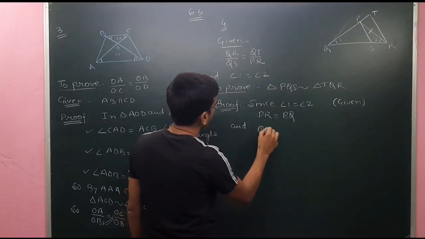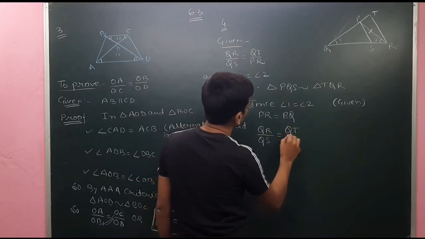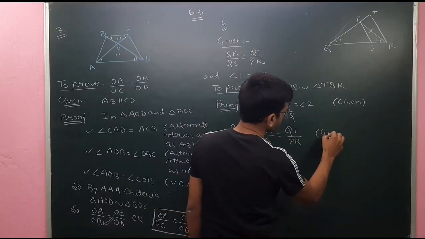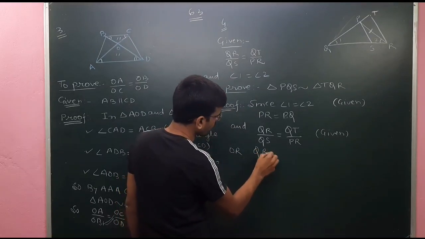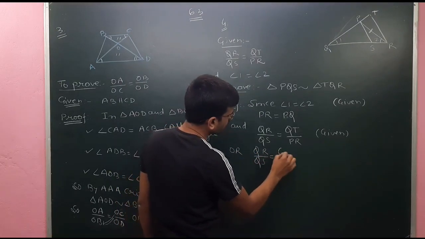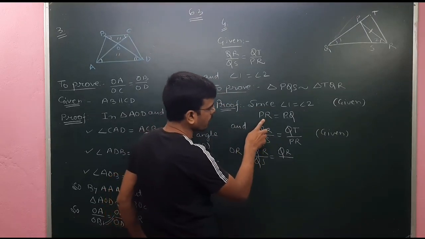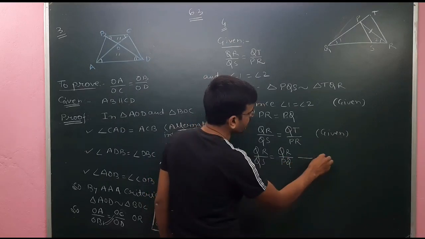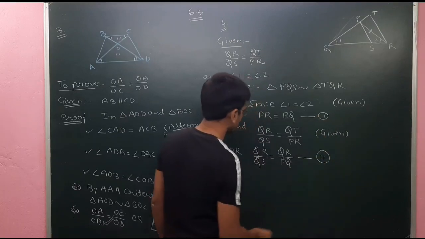And QR upon QS is equal to QT upon PR. This is also given. We can replace the value of PR with PQ. This is number first and this is number second.